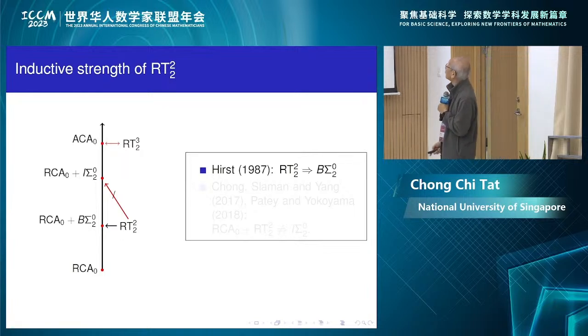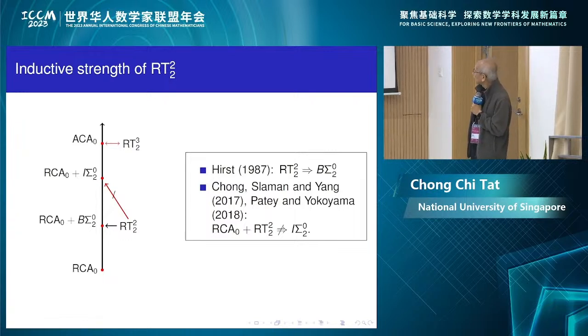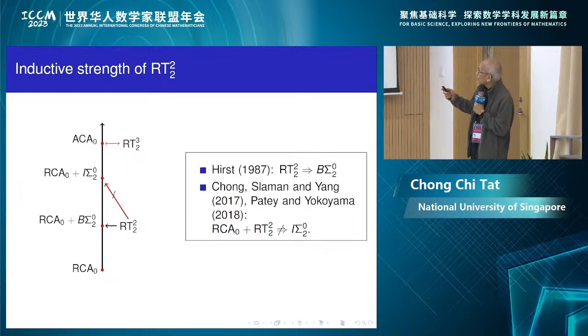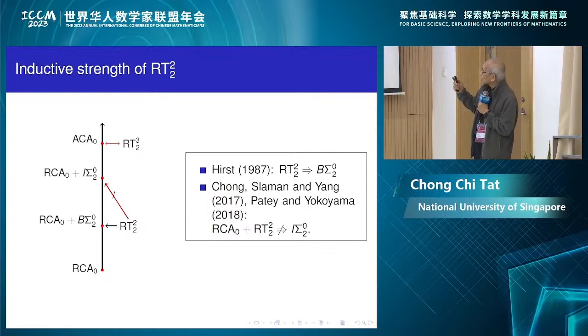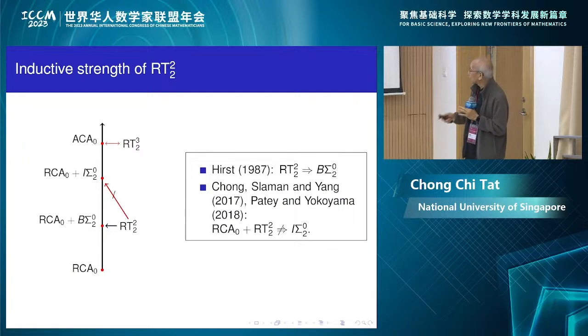And then in 2017, Slaman, Yang Yue, and myself, we show that indeed Ramsey's theorem for pairs is not strong enough to show sigma 2 induction. In other words, I sigma 2. One can produce a model of Ramsey's theorem for pairs in which sigma 2 induction fails.